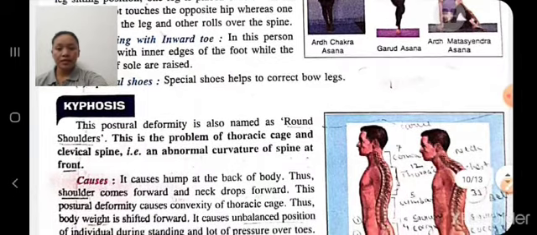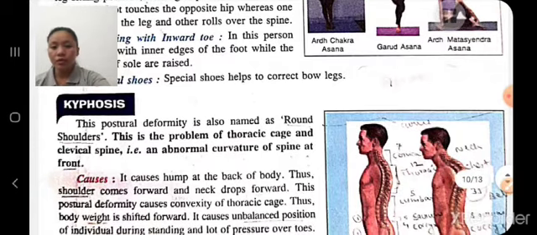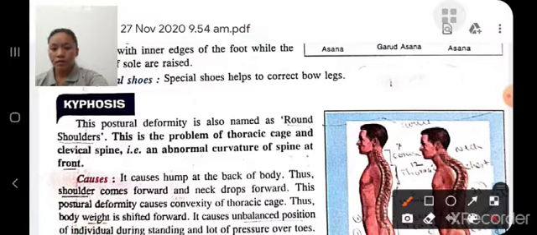Next is kyphosis. In kyphosis, this is a posture deformity, also known as round shoulders. In this type of posture deformity, the problem is of the thoracic cage, in which it bends forward.